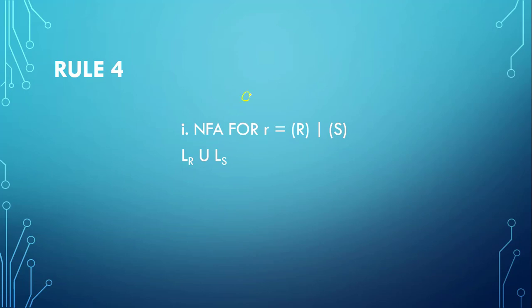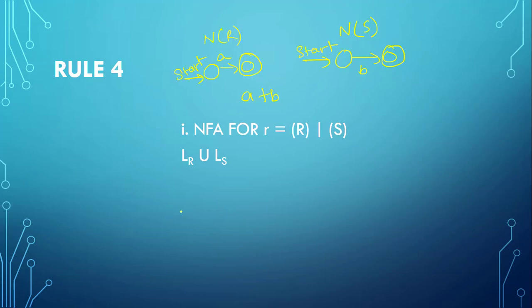If we have the regular expression of the type A plus B, we have designed the NFA of A as a start state and final state over A. Then we have designed the NFA of B as a sub-expression from start state to final state. These are named N of R and N of S for our reference, for combining them according to rule number 4.